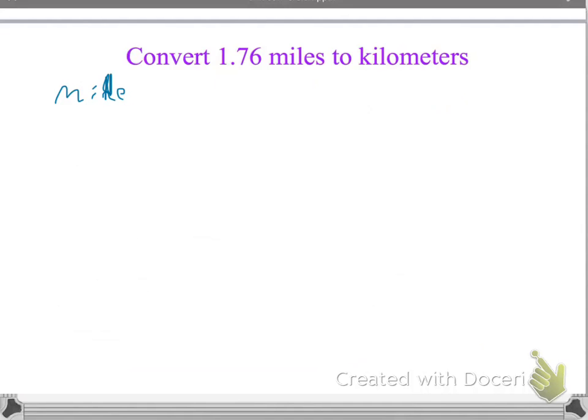Mile to kilometer. So we're going to need to convert miles to feet, and then I'm going to take feet to inches because these are all conversions that I know, and from inches to centimeters, and from centimeters to kilometers.